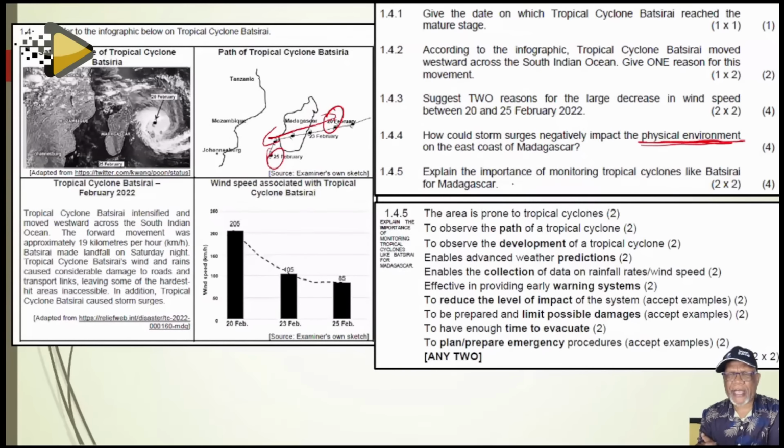Now the question is, explain the importance of monitoring tropical cyclones. Why is it important to monitor tropical cyclones?